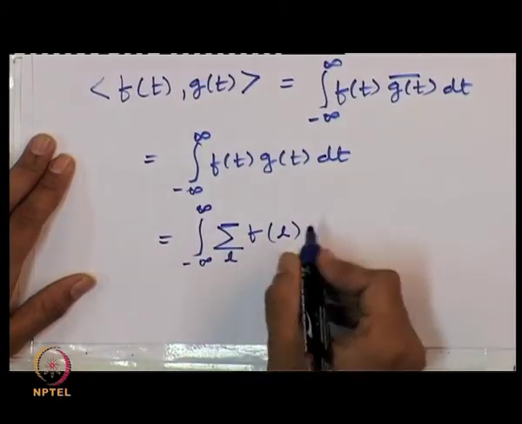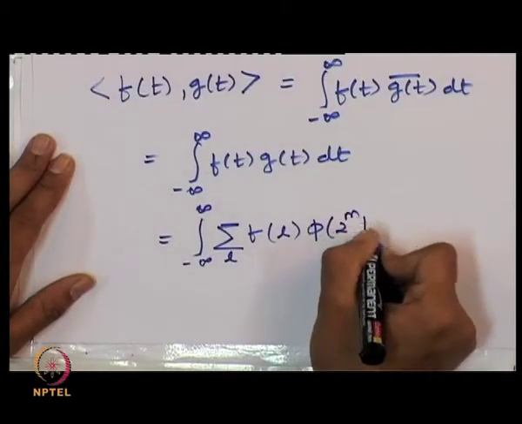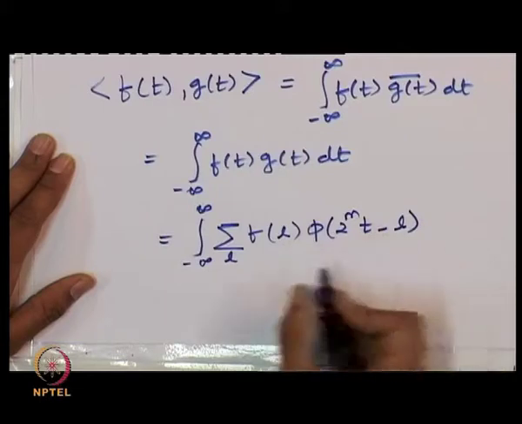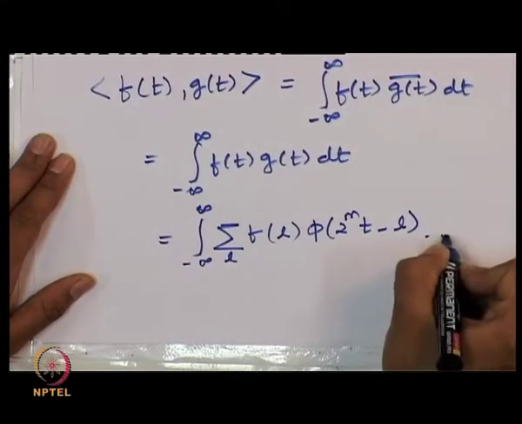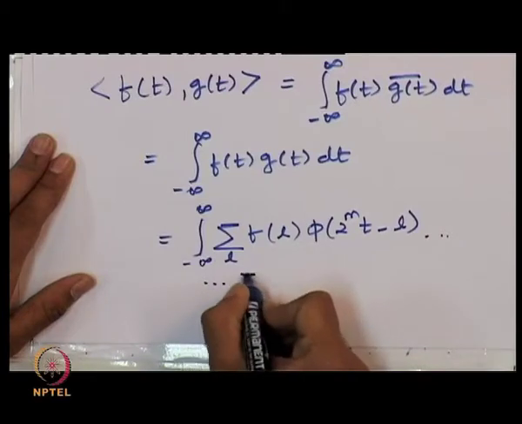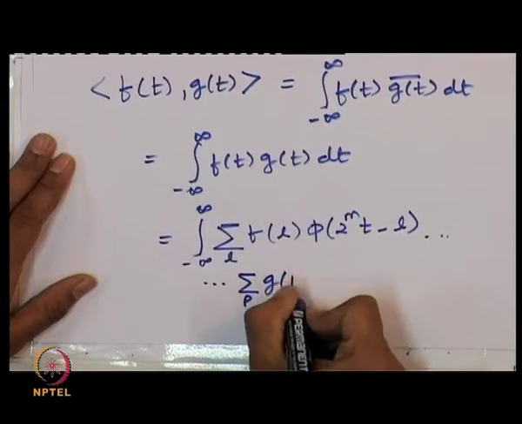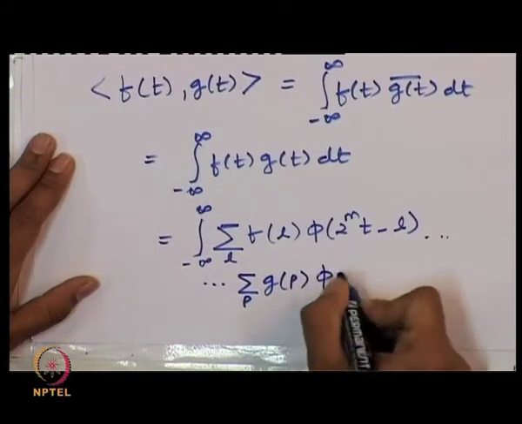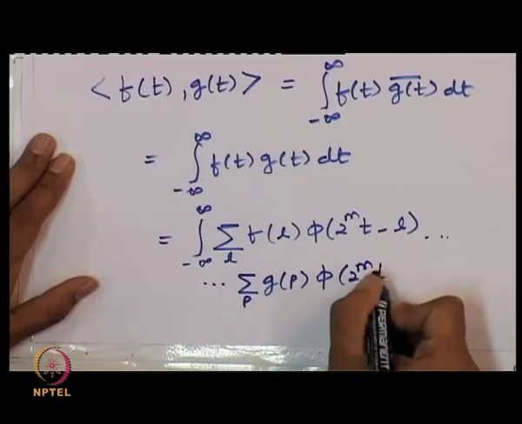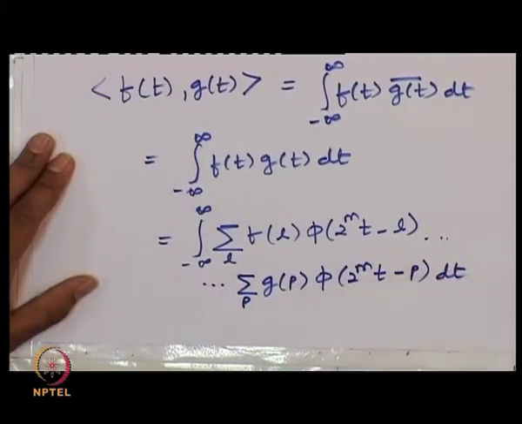Sigma Fl phi 2 raised to m t minus l, where l is some dummy variable, and sigma Gp phi 2 raised to m t minus p dt.